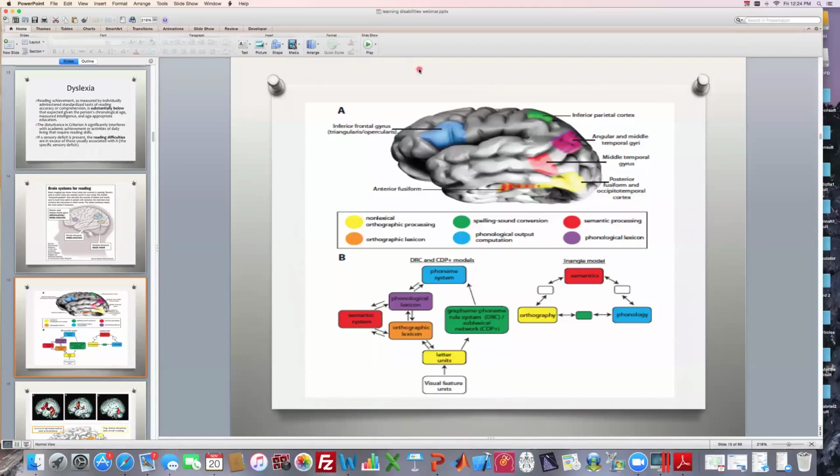So if we were to draw a circle, which encircled this entire area, this would be our semantic processing area. But you can have deficits in semantics for different reasons based on where the processing deficit occurs. And then, of course, we have the phonology area, which is located very closely to Broca's area.